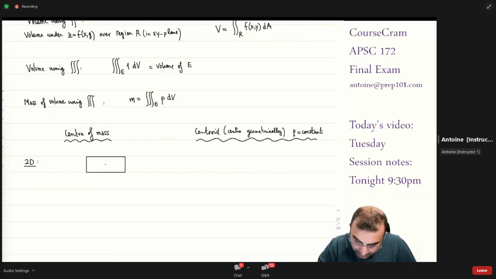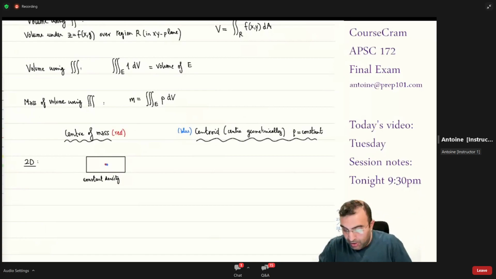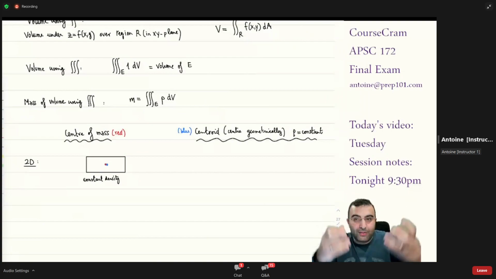Let's put it in red, and let's put the centroid in blue. The centroid and the center of mass will be the same if the density is constant. Blue is just the geometrical center of the object. Red is the center of mass, the center of the whole mass of this.